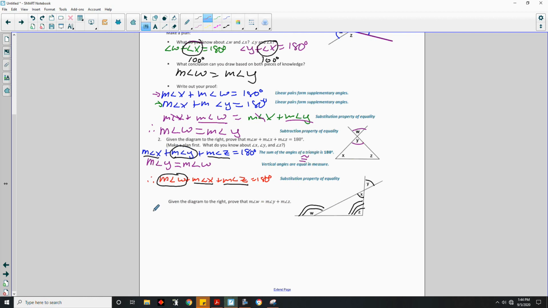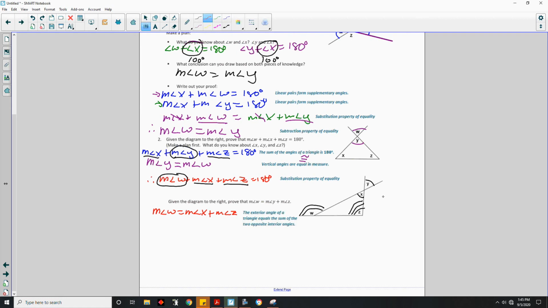We know that the measure of angle W equals the measure of angle X plus the measure of angle Z. Okay? X plus Z equals W. Reason? The exterior angle of a triangle equals the sum of the two opposite interior angles. Okay, so that's done.